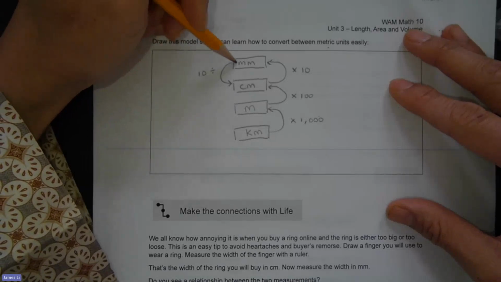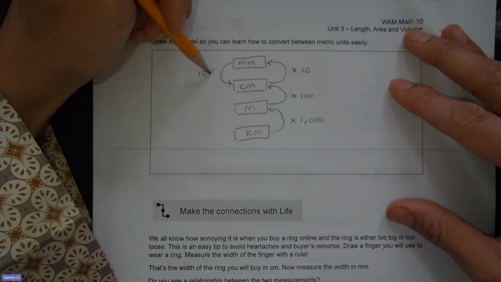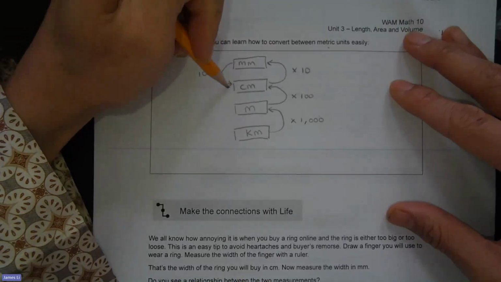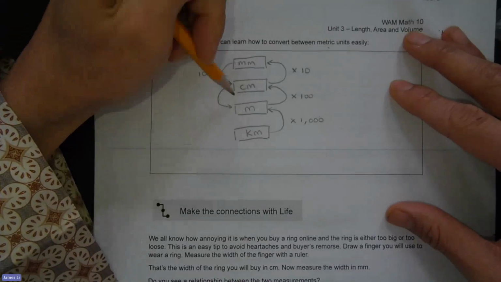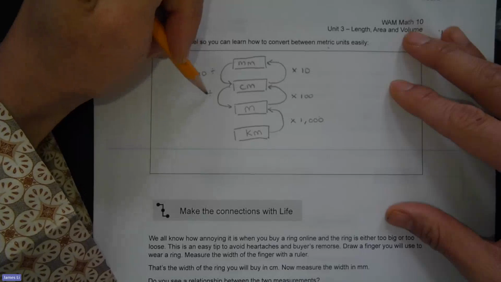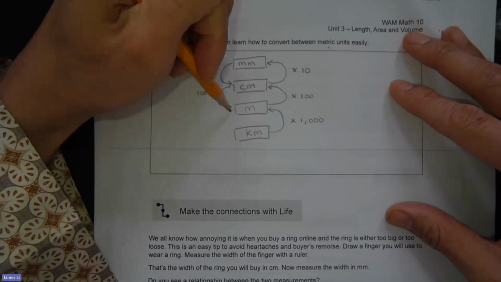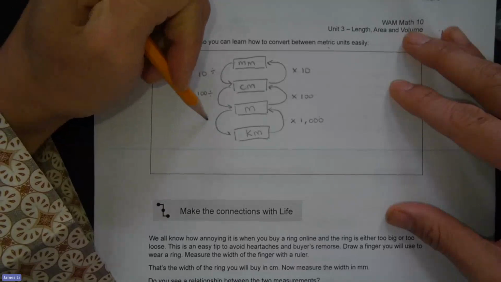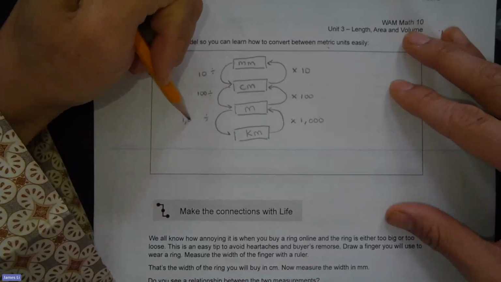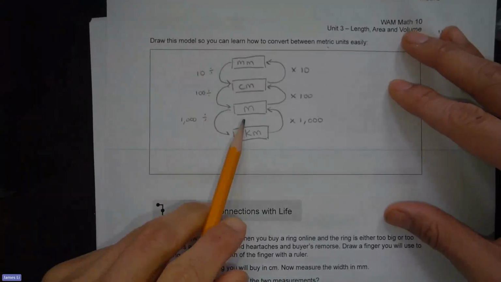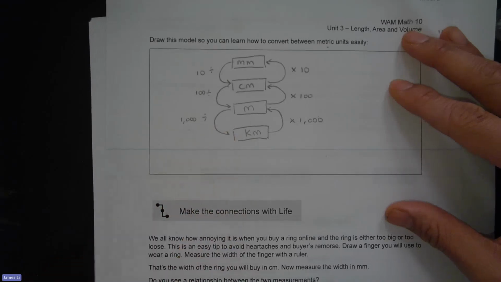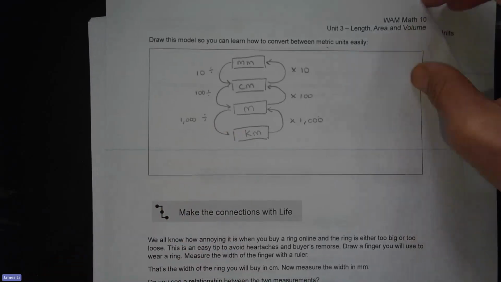So 30 mm divided by 10, you will get 3 cm. Similarly, from cm to meters, you will divide it by 100. From meters to kilometers, you divide it by 1,000. So say 7,000 meters divided by 1,000 makes 7 kilometers.